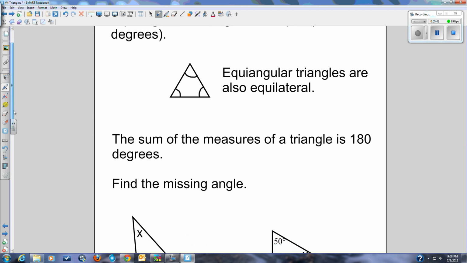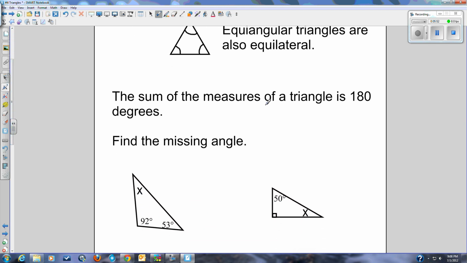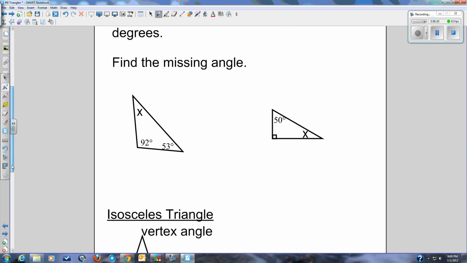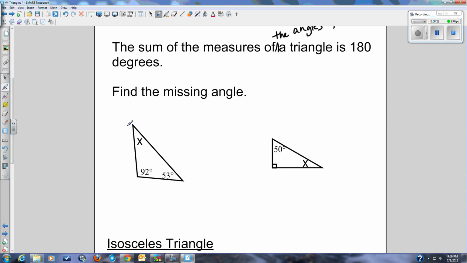Now, a fact about triangles is that the sum of the measures of the angles of a triangle is 180 degrees. So I'm just going to add in here, of the angles of a triangle. We'll just slip that right in there. The sum of the measures of the angles of a triangle is 180 degrees. So in these pictures, we'd like to find the missing angle. Now we know in this first picture, since it's a triangle, all the angles add up to 180 degrees.